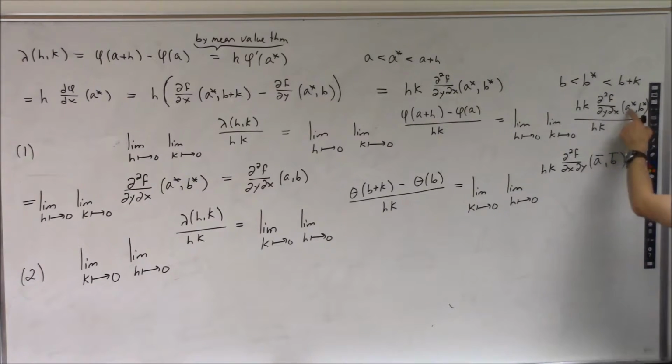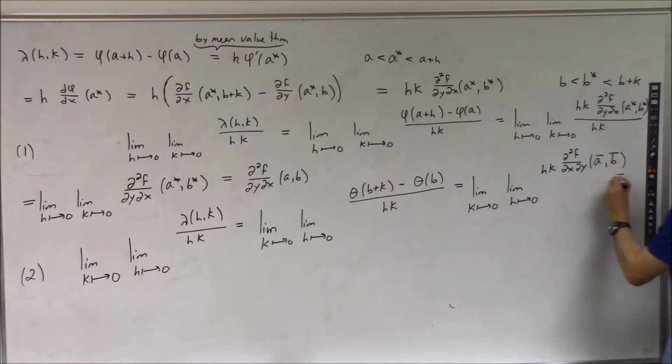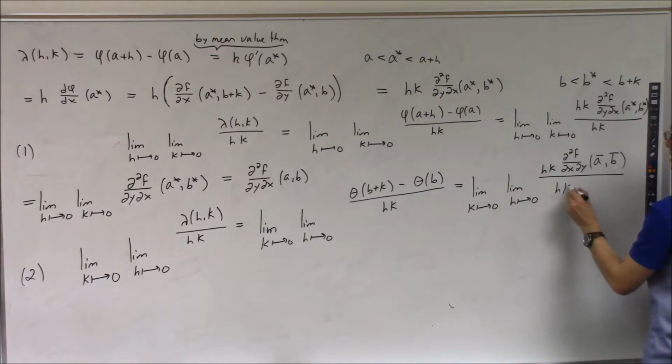The reason I write a bar, b bar, then have to be a star and b star divided by hk.